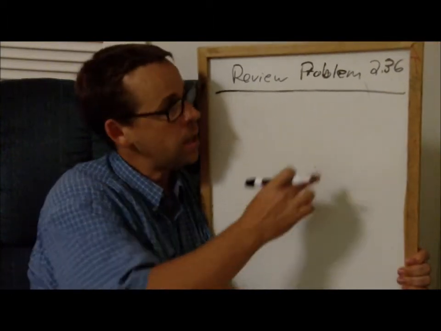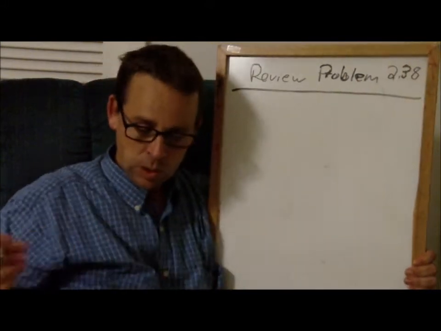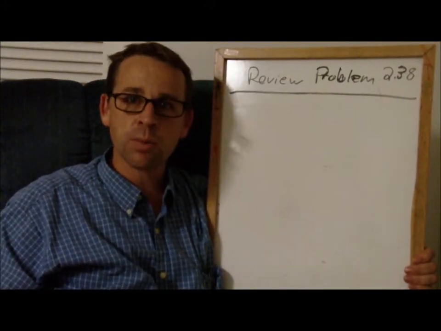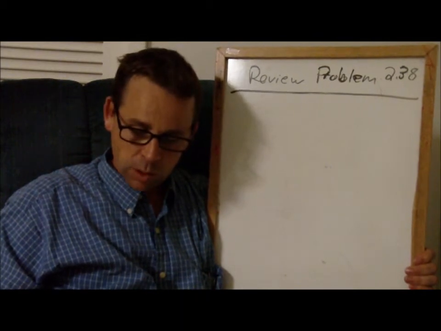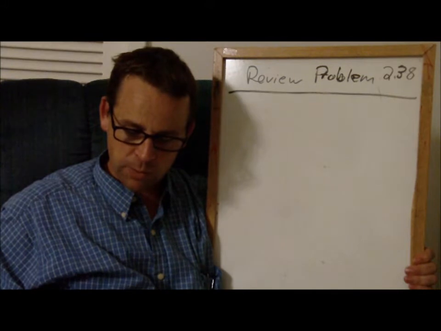We're on to 238, doing arithmetic with digits and trying to determine the resulting significant figures. Perform the following arithmetic and round off the answers to the correct number of significant figures.